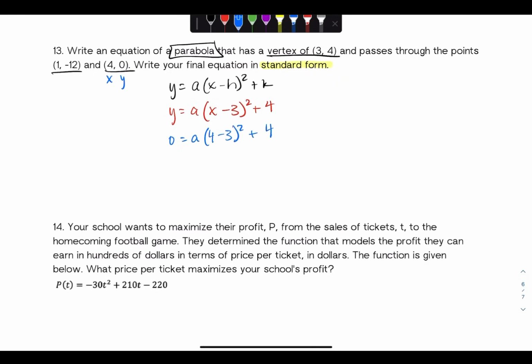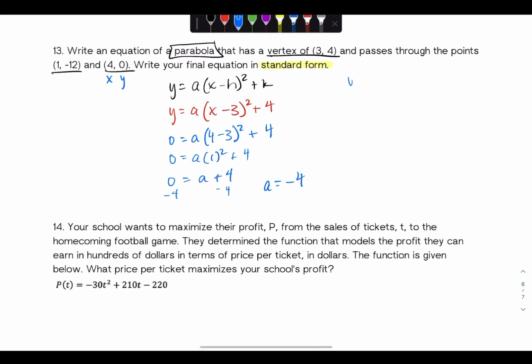We want to find out what a is. 4 minus 3 is 1, so I have 0 equals a times 1 squared plus 4, so 0 equals 1a plus 4. When I subtract 4 from both sides, I get that a is negative 4.